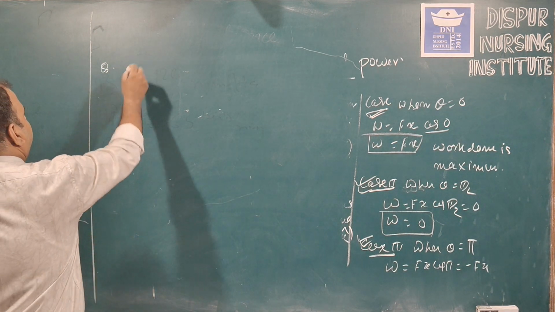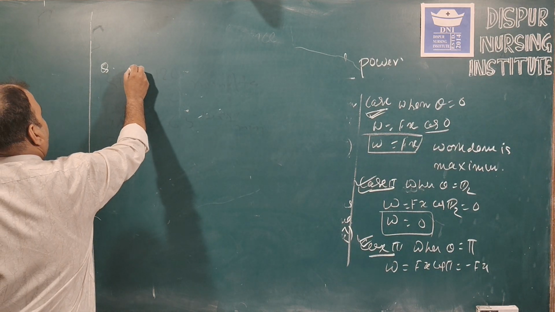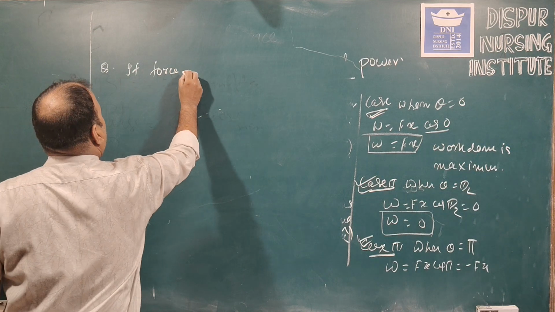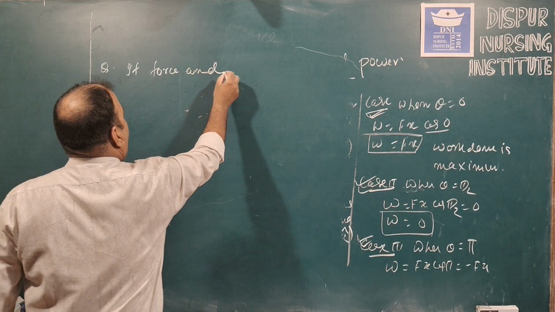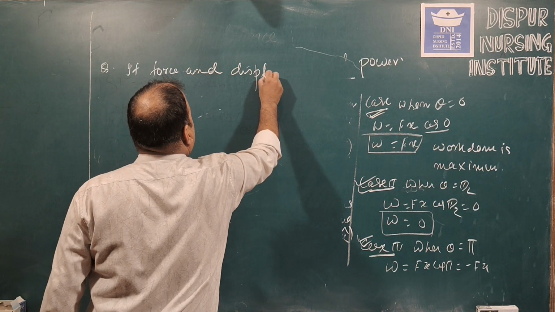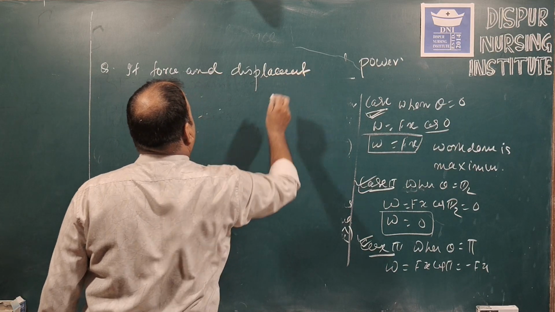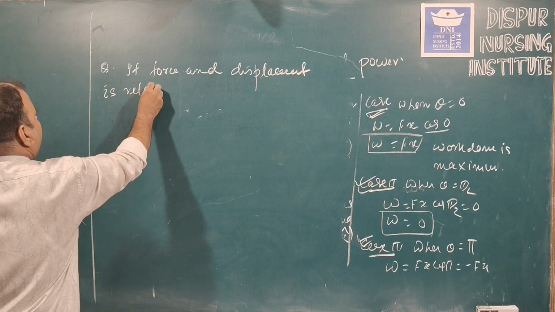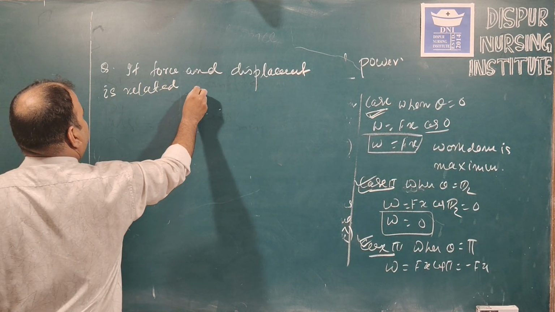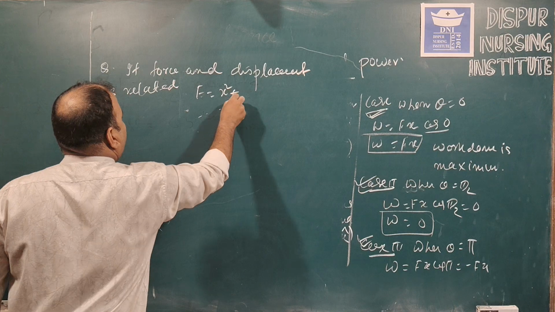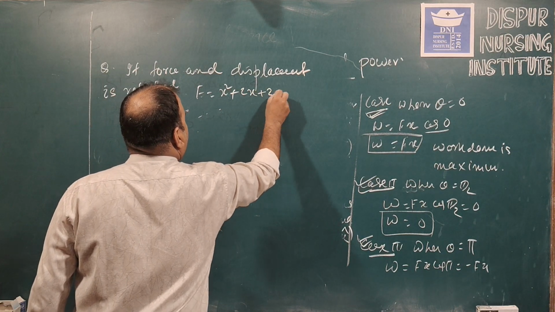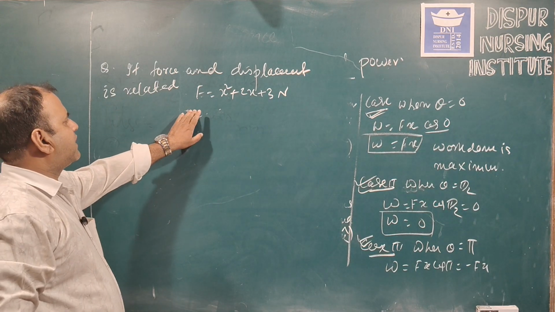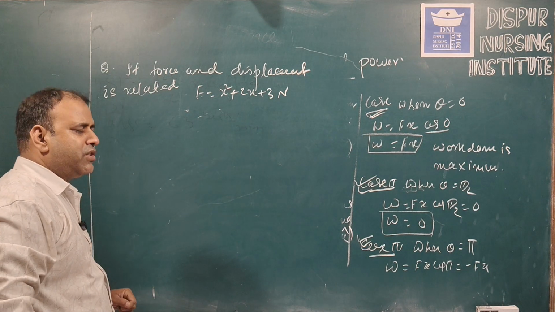When a force and displacement are related like this, F is equal to x square plus 2x plus 3 Newton. That means force and displacement are related, F is equal to x square plus 2x plus 3 Newton.